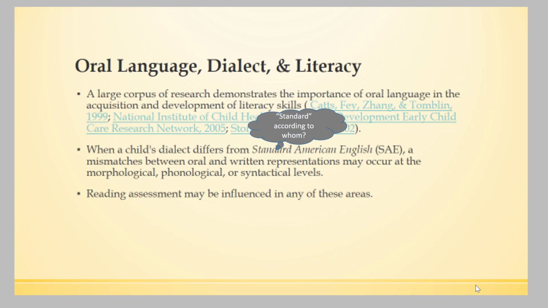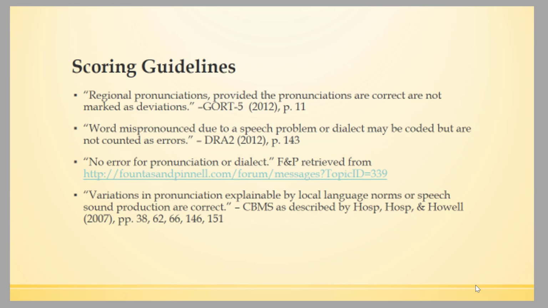When a child lives in a world of 2 languages or lives at home where a dialect other than the so-called standard American English or mainstream American English is used, there might be a mismatch between oral and written representations. We could see the manifestation of this at the morphological, phonological, or syntactic levels. Reading assessment then might be influenced in any of these areas.